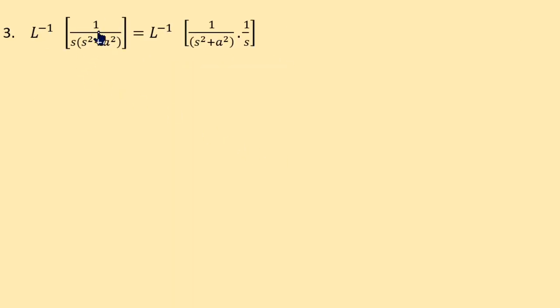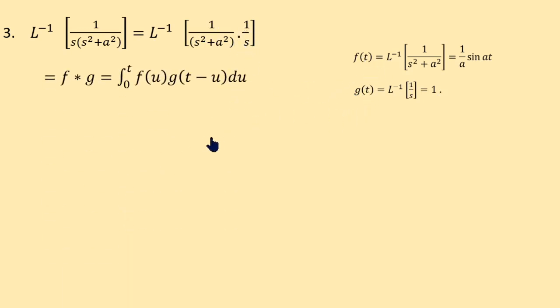One more example, 1 by s into (s square plus a square). Here take 1 by (s square plus a square) as first function, 1 by s is second function. This is your F of s and this inverse is 1 by a sin at, and 1 by s is G of s and its inverse g of t, inverse of 1 by s is 1, and hence L inverse of 1 by (s square plus a square) into 1 by s is nothing but convolution of f and g, that is 0 to t f of u.